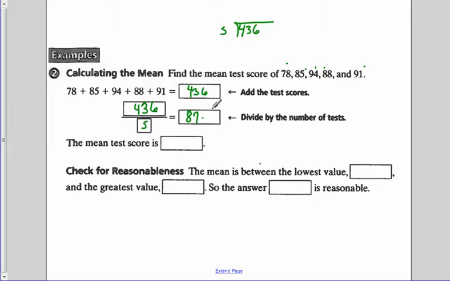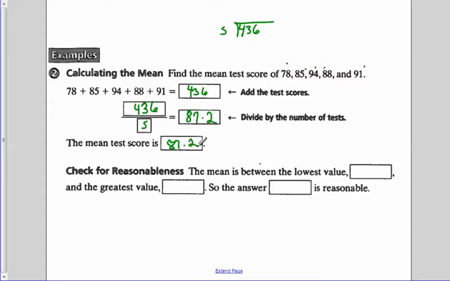It's going to be 87.2. So the mean test score is 87 percent. I'd probably drop that part off. 87.2 would be the average, though. Simply because I would drop that off because it's less than 5. It'd be 4 or less, so we'd round down.